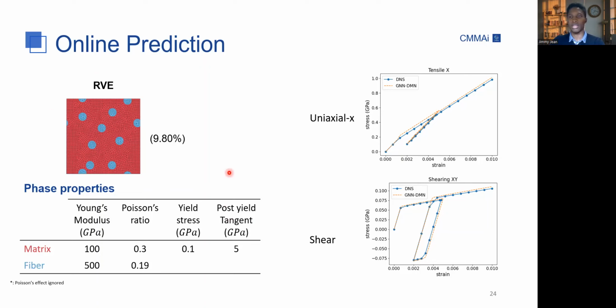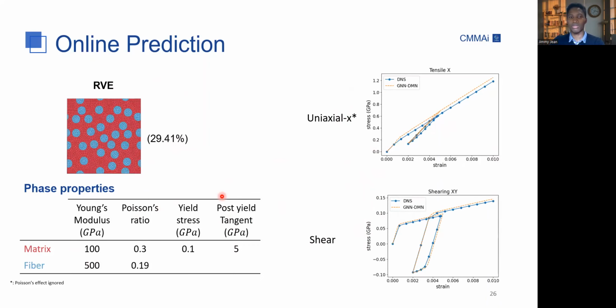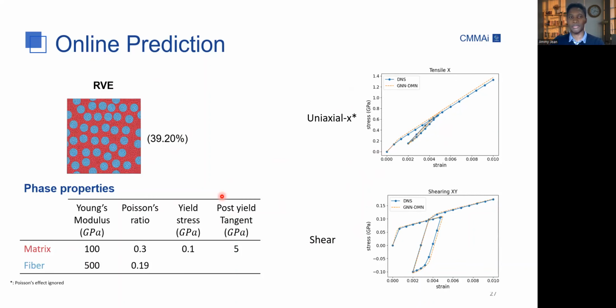Here we first look at the predictions for this 10% RV, and we see that for both the shear and the uniaxial tests, the predictions are close to those given by a direct numerical simulation. This is the same for the 20% RV, 30% RV, and 40% RV.